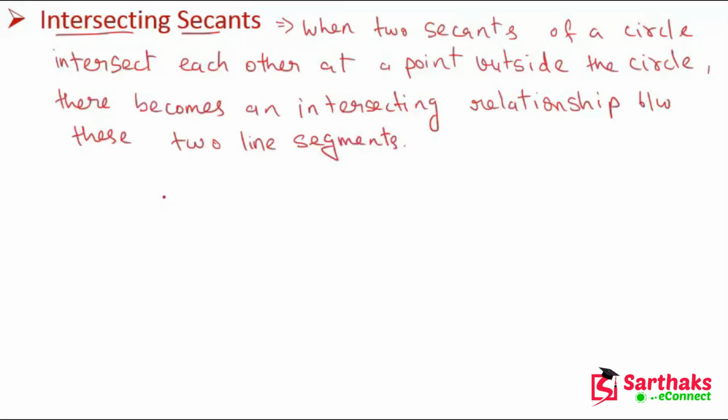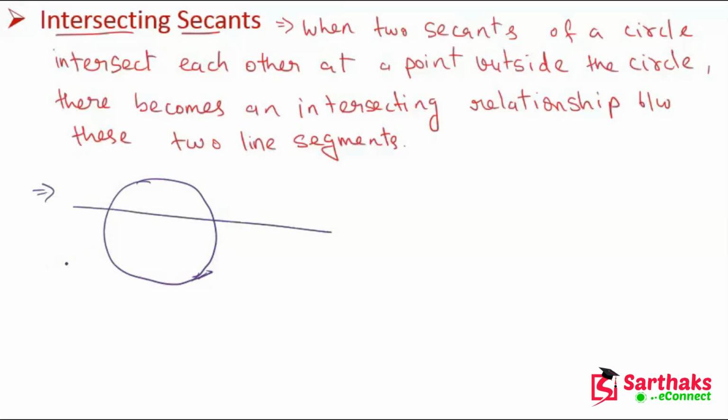Let's suppose we have a circle like this. Now we have two intersecting secants.